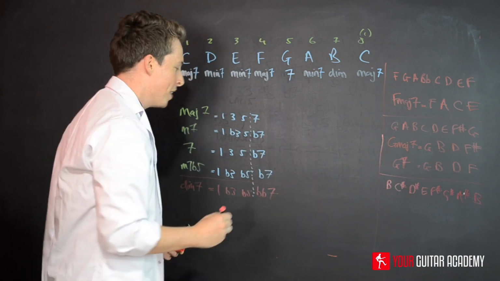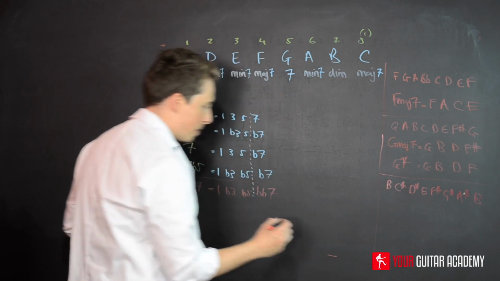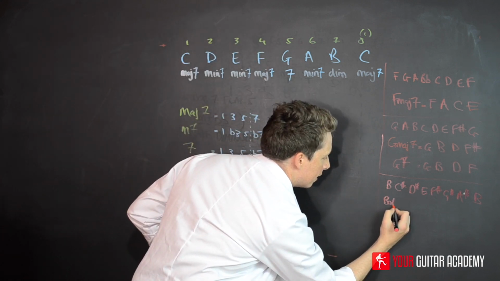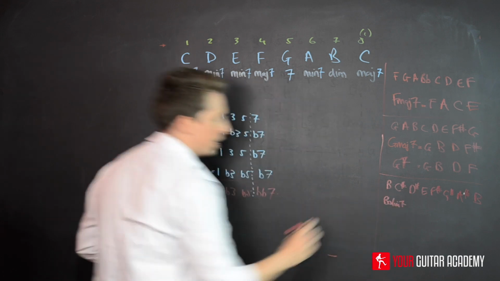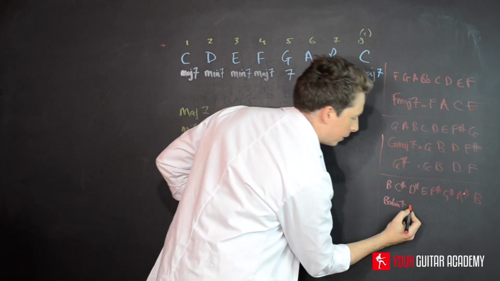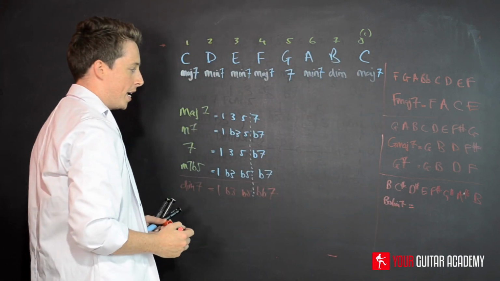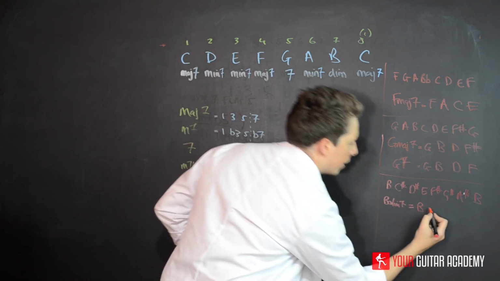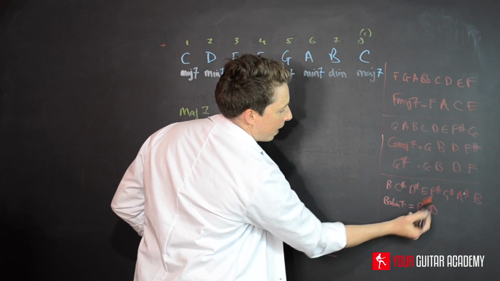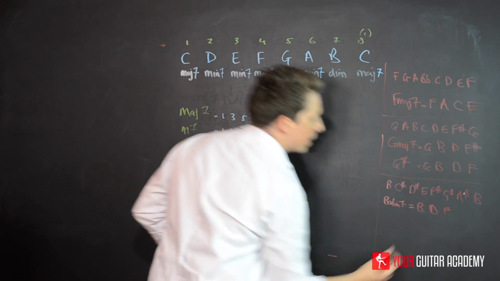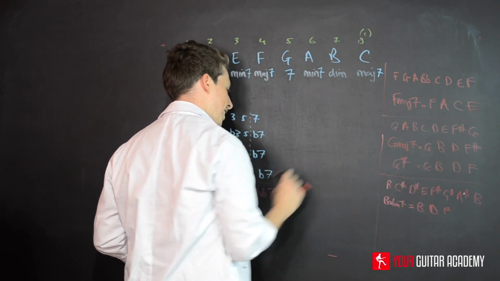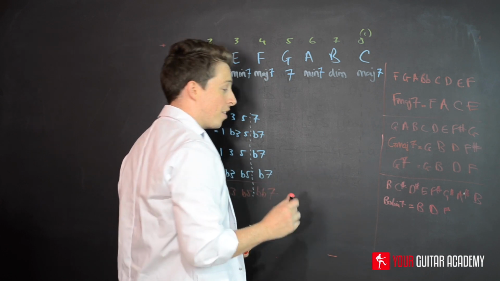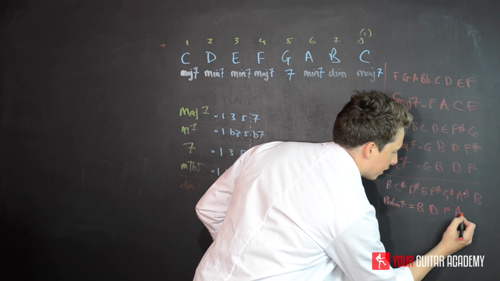Now if I write down here the B diminished 7, so B dim 7, or you could use that little circle if you remember, that's going to be the root, which is B, the flat third, which will be D, the flat fifth, which will be F, and then a flattened A sharp, which will give you flat to A, and then another flat gives you A flat, doesn't it?